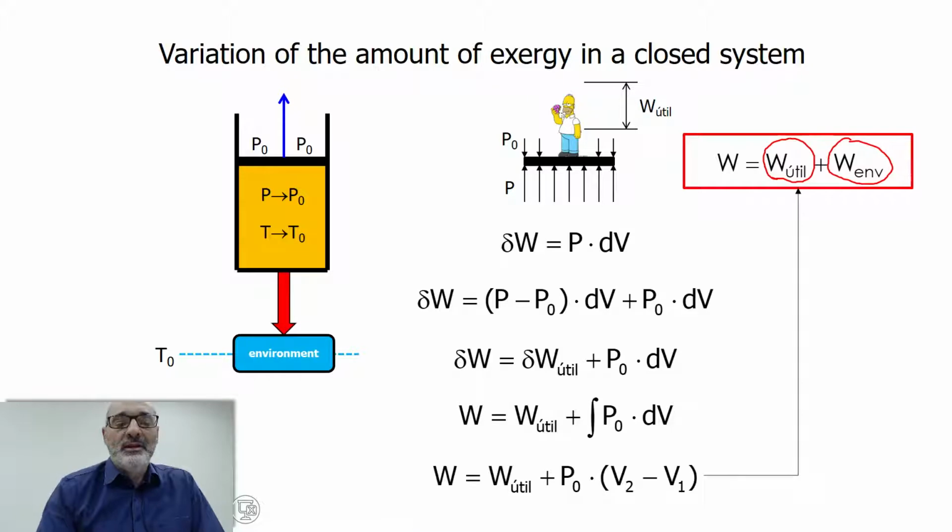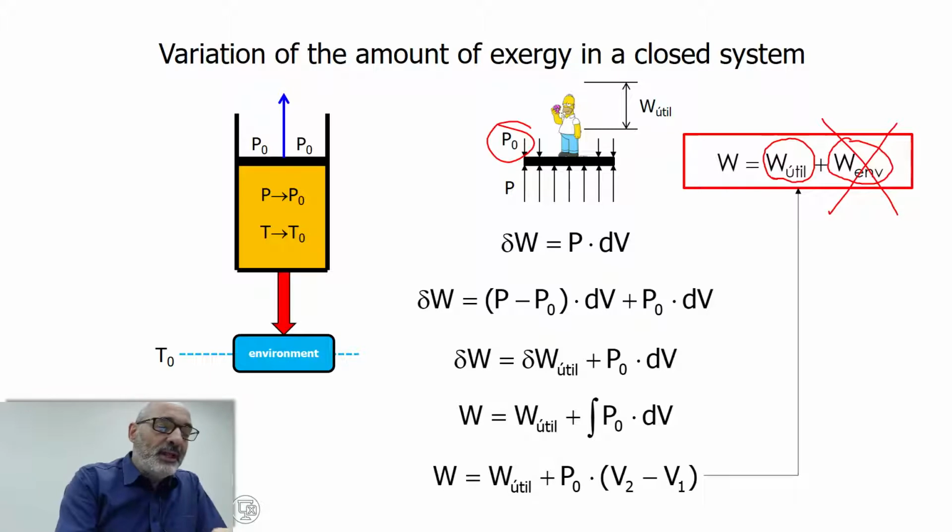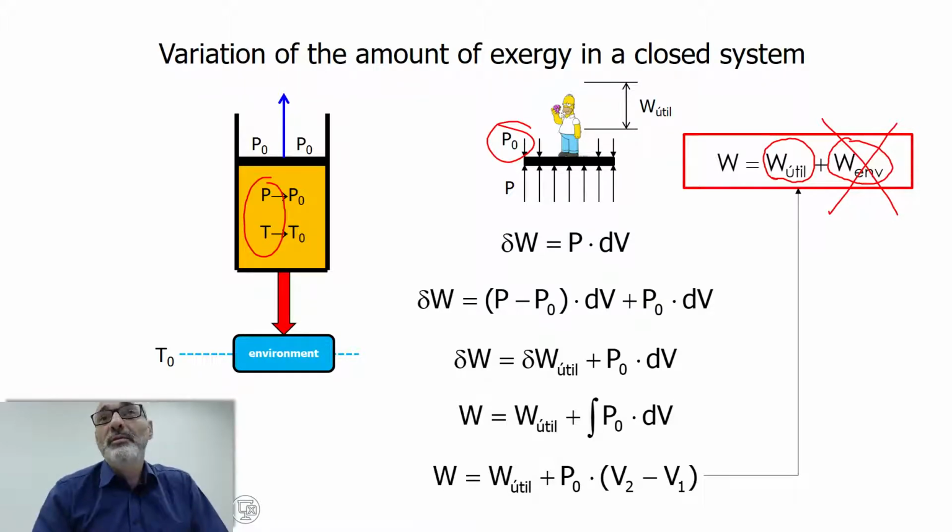In the vacuum, P0 equals 0, and we don't have this. So that's another important conclusion. The amount of useful work that you can get always depends on the thermodynamic state and also on the environment. It depends on both. That's a combined property.